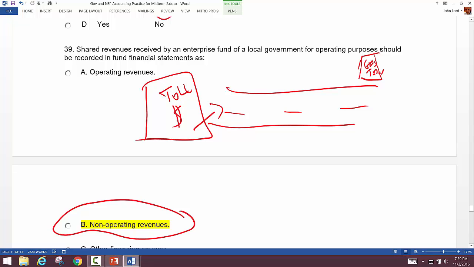Gas tax, and what they'll do is that comes down from the state, and the state will basically say, okay, Santa Clara County, here's some money for you because you are responsible for so much of the 880 or something like that, right?